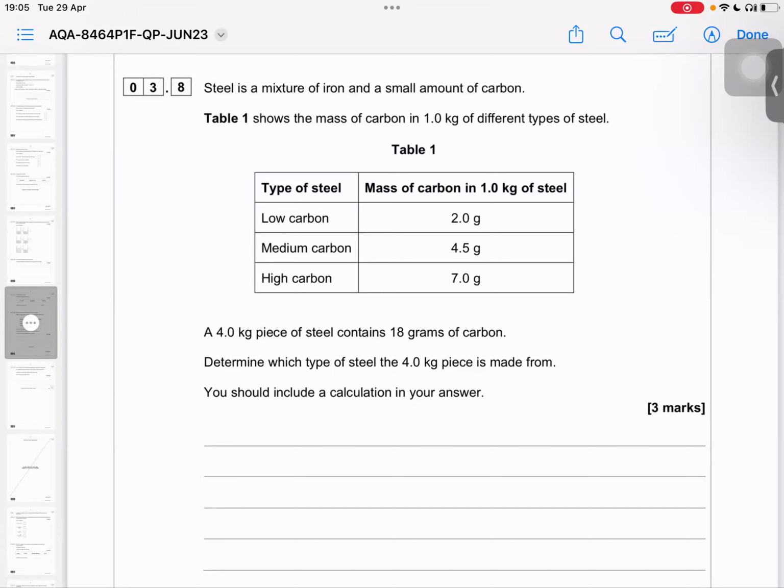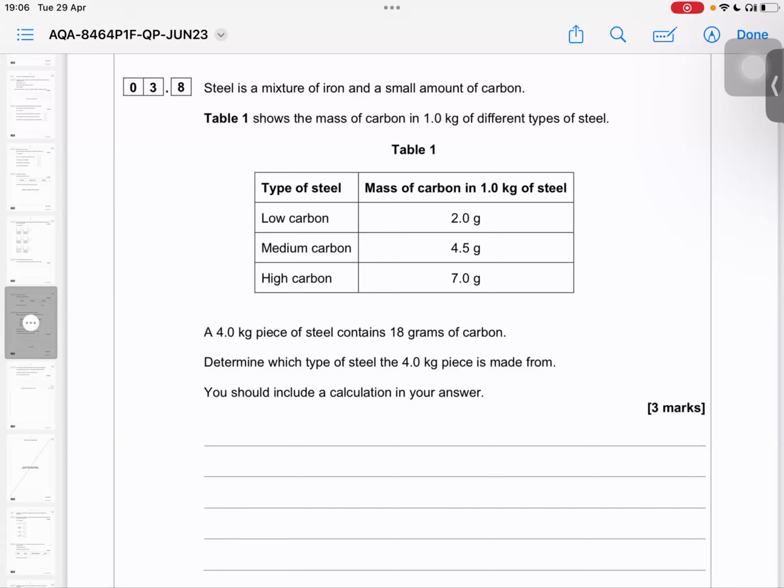Okay, so what do you think we'll do in this case? Find the mass per kg. I didn't hear you back then. Find the mass per kg. The mass per kg, okay. So in this case, they've told us 18 grams of carbon in 4 kilograms of steel. So what would we do to find that?